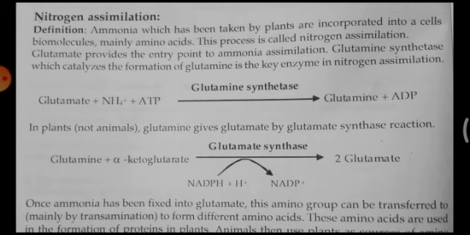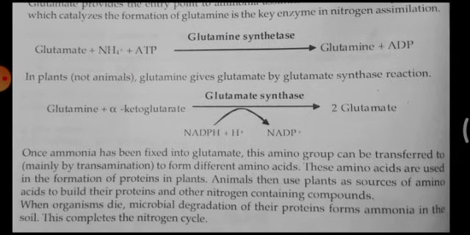So by energy, ammonia in the reactant area combines with glutamate to form glutamine with release of ADP. In plants, glutamine gives glutamate by the glutamate synthase reaction. Glutamine plus alpha ketoglutarate in the presence of glutamate synthase is converted to two molecules of glutamate by conversion of NADPH to NADP. So this is about conversion of glutamine to glutamate.